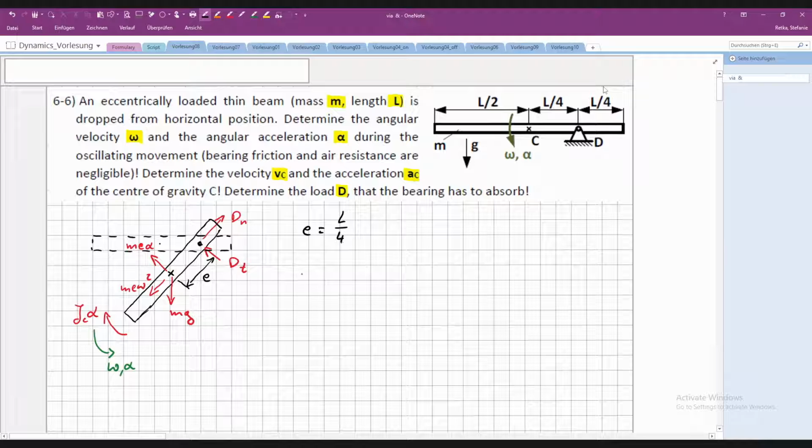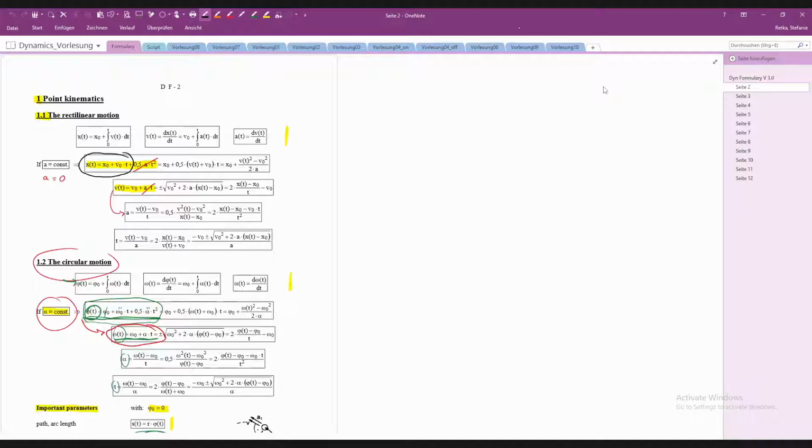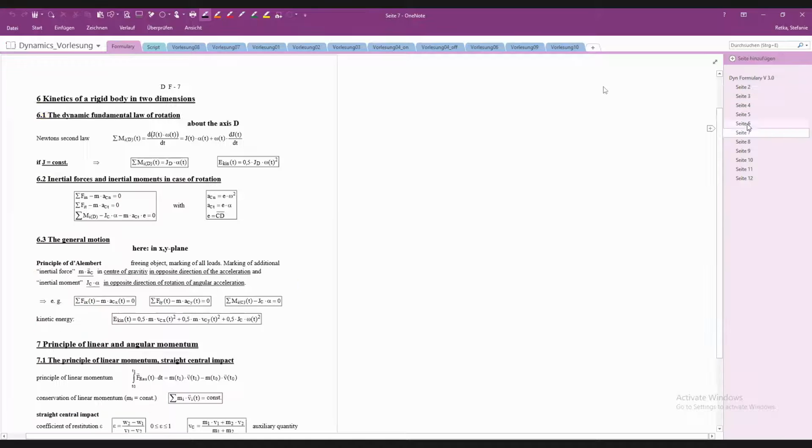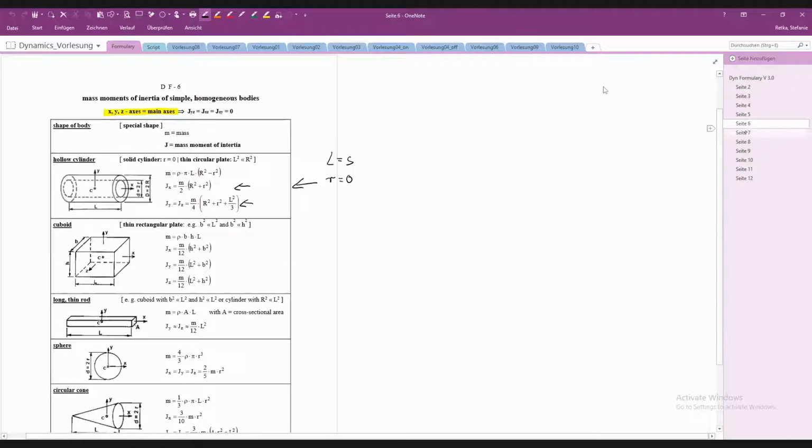Then we need to find JC, the mass moment of inertia with respect to the center of gravity. And for this, we have a look at the formulary on page 6. So what do we have?